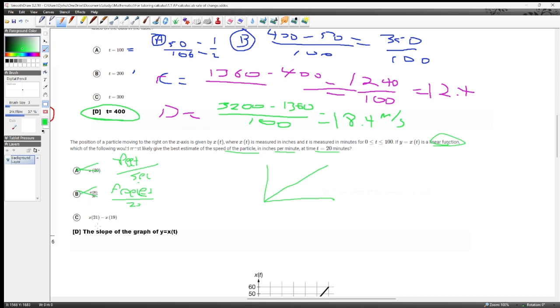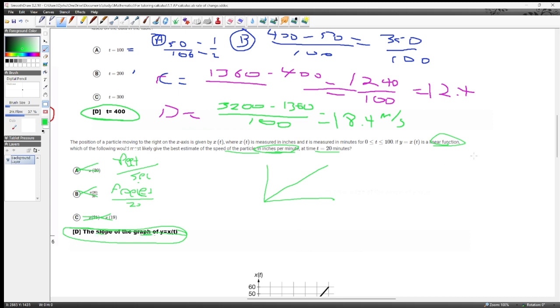So 100 over 100 is 1 feet per minute. And that's why the slope of the graph of y equals x of t would be the answer for this following question.